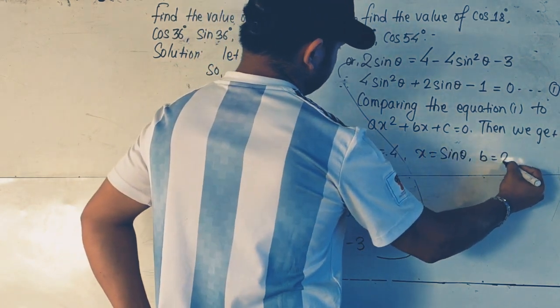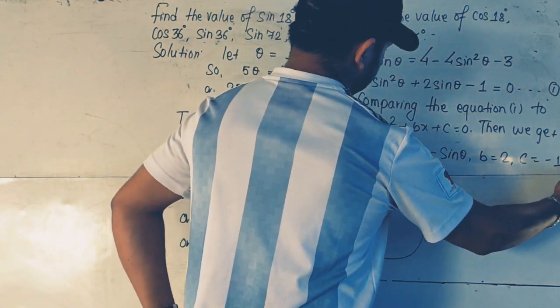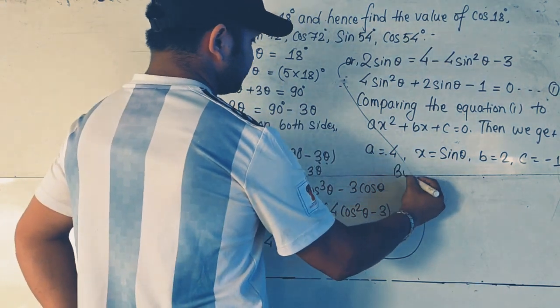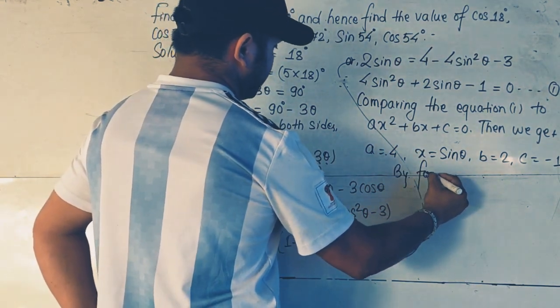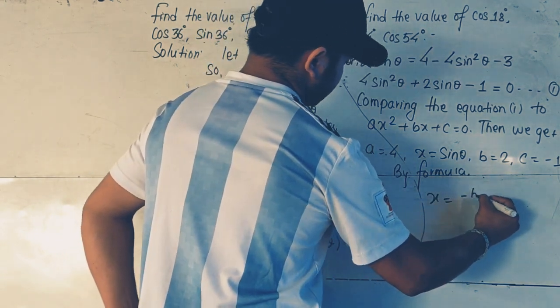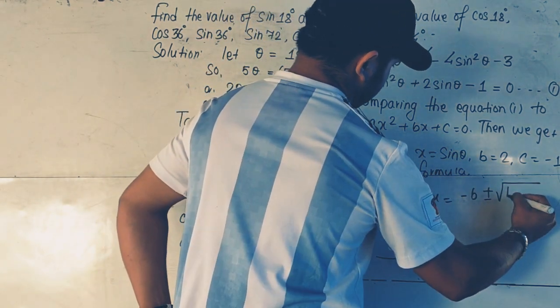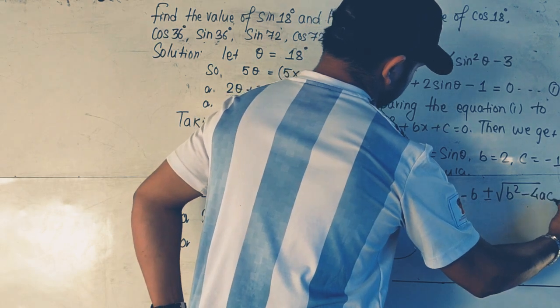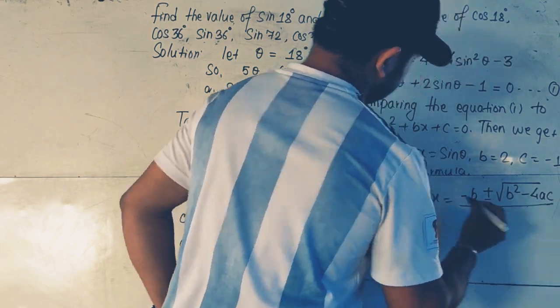We get b equals 2, and c equals minus 1. So by formula, we have x equals minus b plus minus root under b square minus 4ac divided by 2a. So this is our formula.